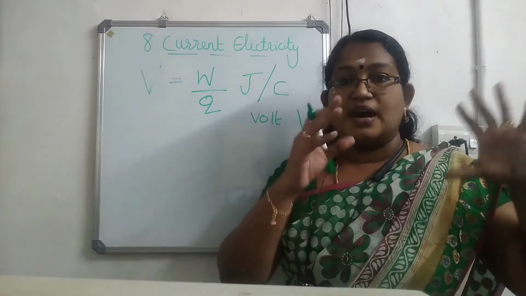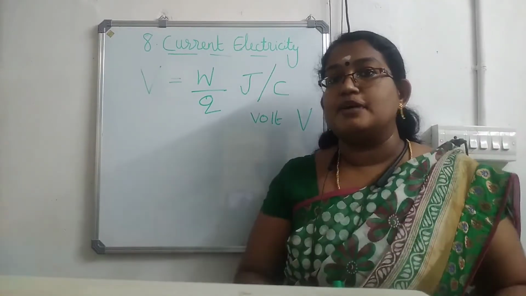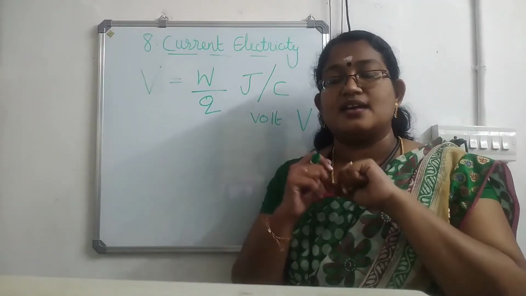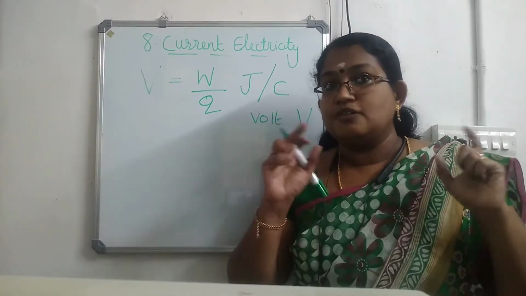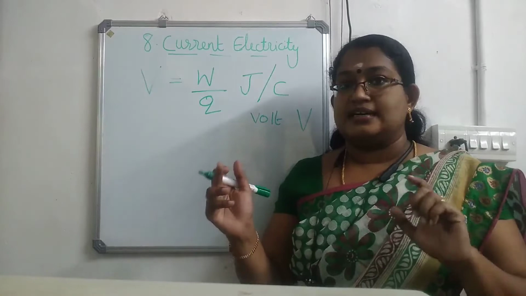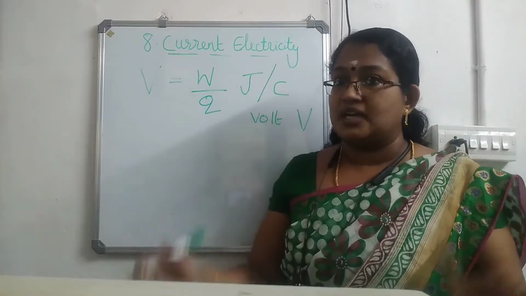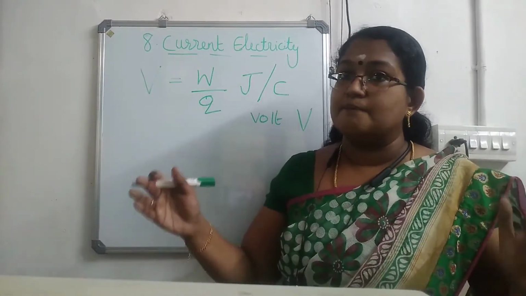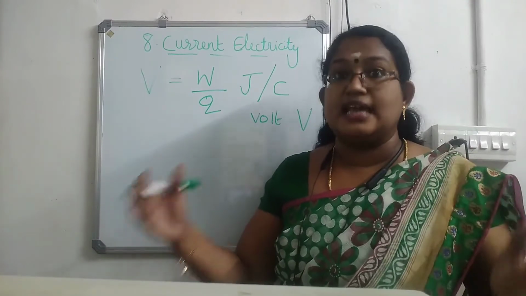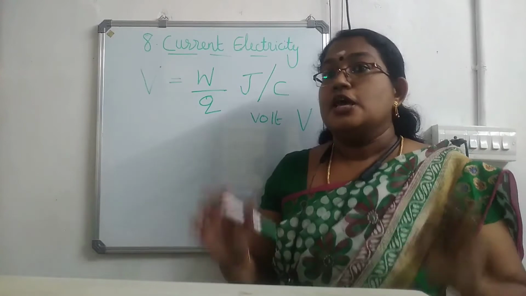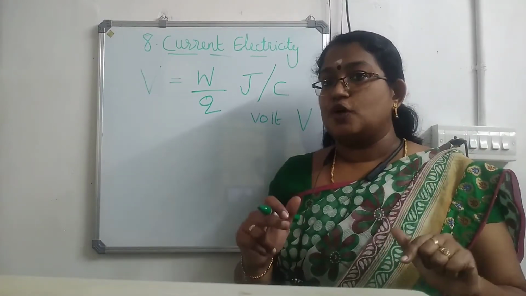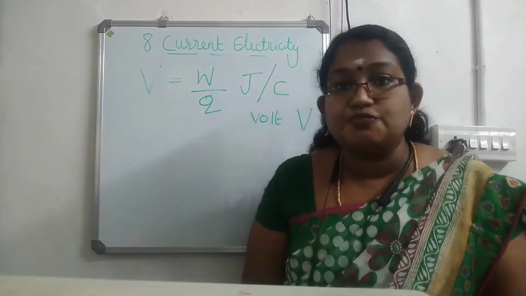That is, in one end we need more negative charges and in the other end we need fewer negative charges, and flow of electrons makes current. If this difference in potential or difference in the number of electrons is there, then only electric current can flow. So for the current flow we need a potential difference.